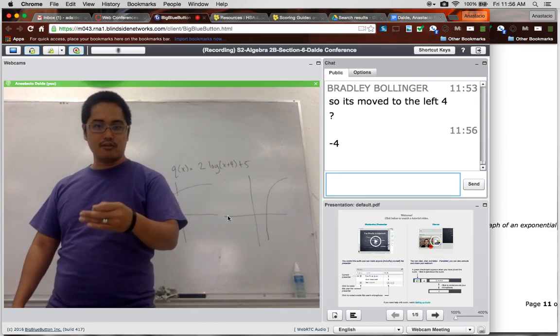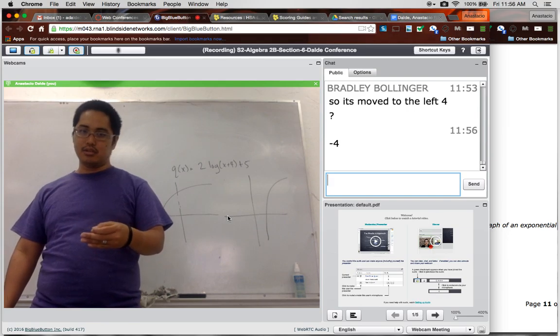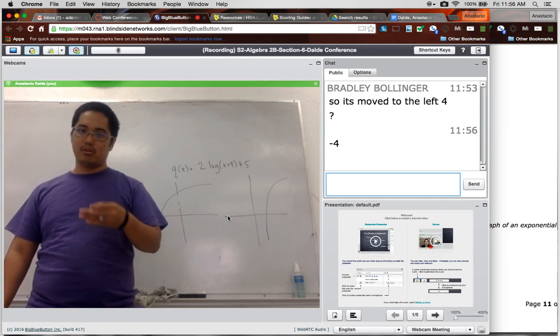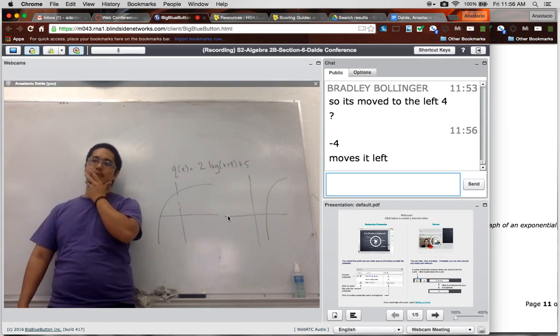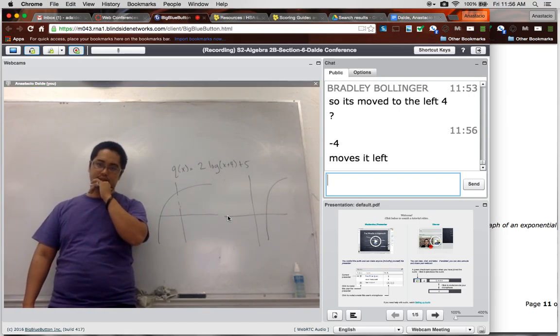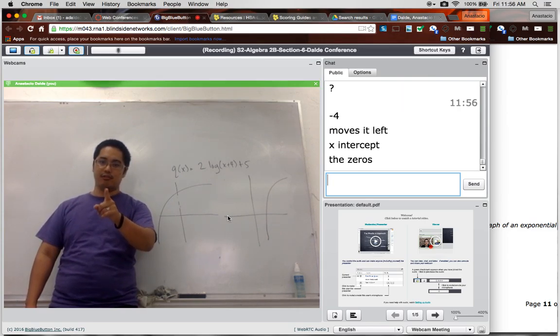The +4. What does that kind of look like to you? Or what does that remind you of? Bradley's suggesting that it moves it to the left 4 units.